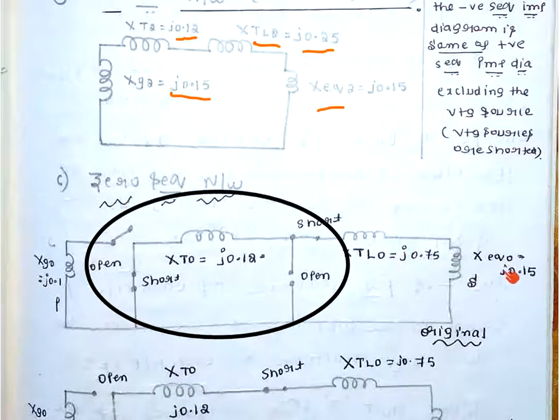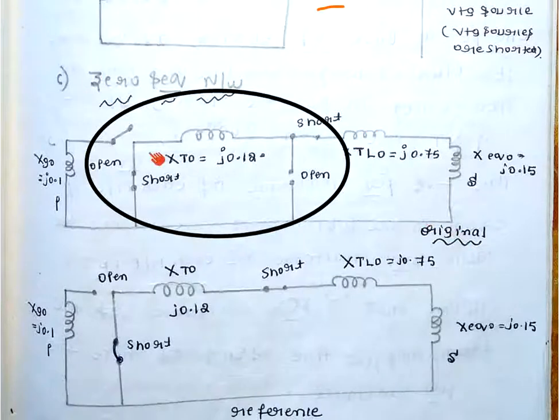And for the equivalent system, all your z1, z2, z0 or x1, x2, x0 will be equal, and they had given 0.15. So the equivalent of this has been represented like this. Xg0, it will be open, and this switch will be shorted.